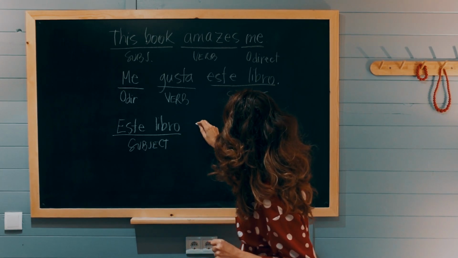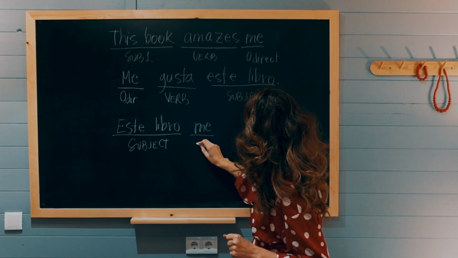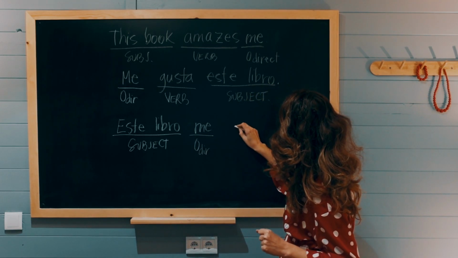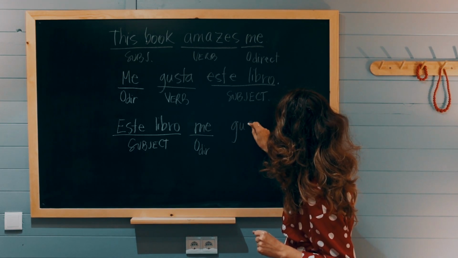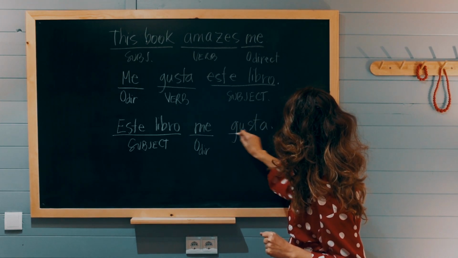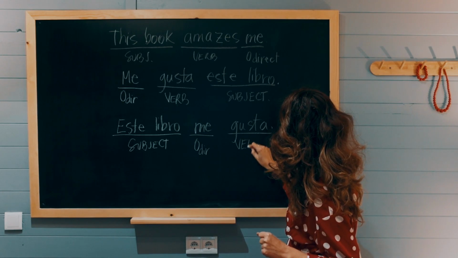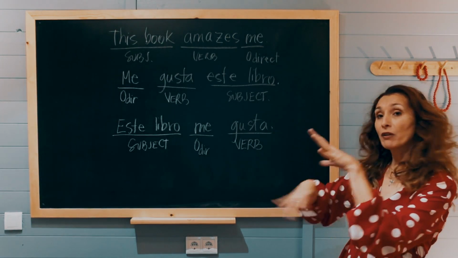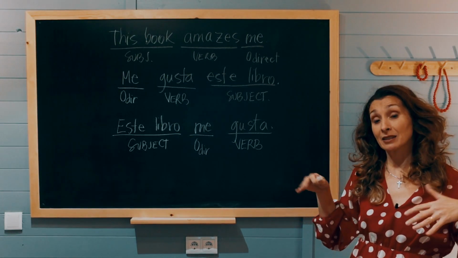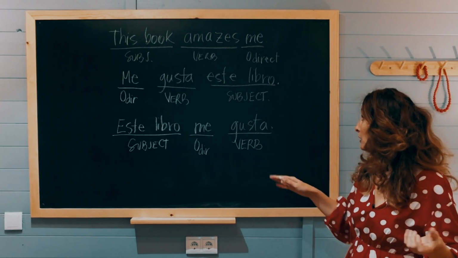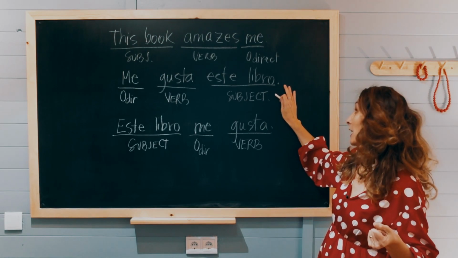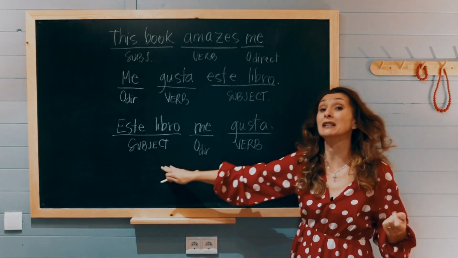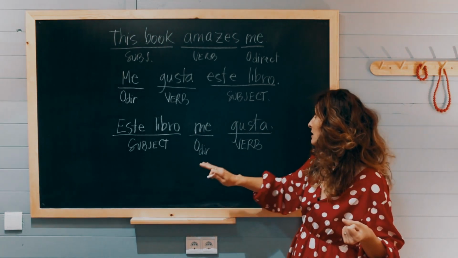This is the subject, me the direct object, and gusta is the verb, okay? So even by moving these things around, they still perform the same function. Este libro, here was at the end of the sentence, here it's at the beginning, but it continues to be the subject of the sentence.